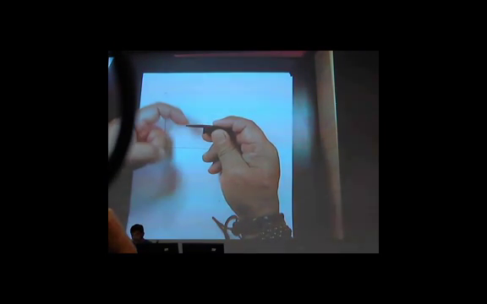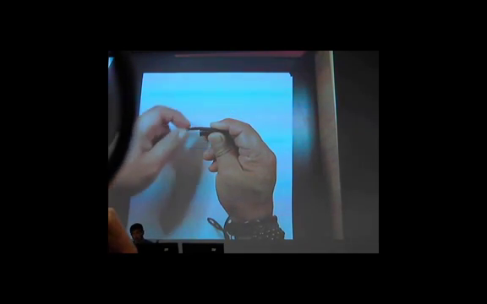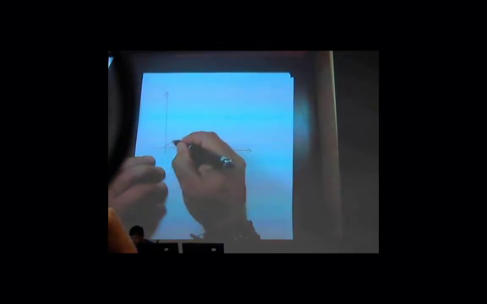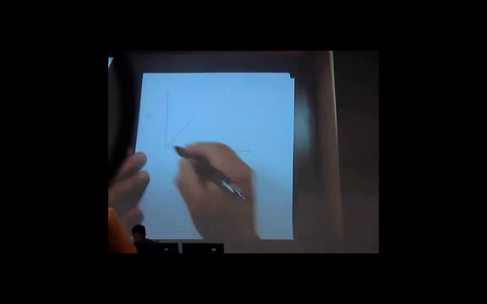So we apply a bending force, and the more force we apply, the deformation increases in that same proportion. So we could easily draw the stress-strain curve for it. This is stress plus strain. It will be a linear relationship.